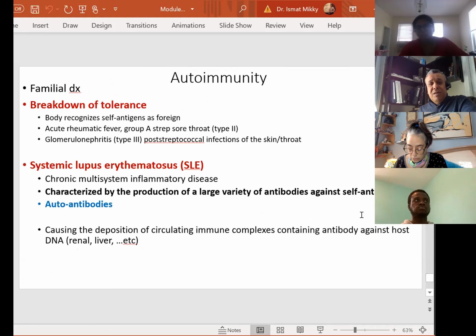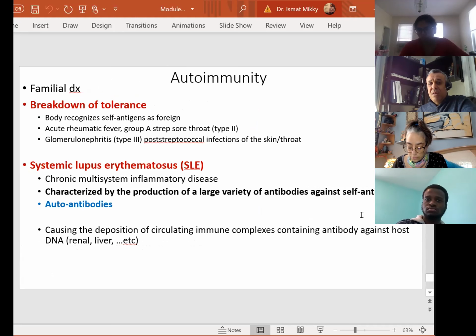So autoimmunity, we call it a familial disease because there is a familial tendency and predisposition to the disease, given the genetic predisposition. We said that autoimmune disease is when there is a breakdown of tolerance, which means that our immune system is non-tolerant to our own cells.